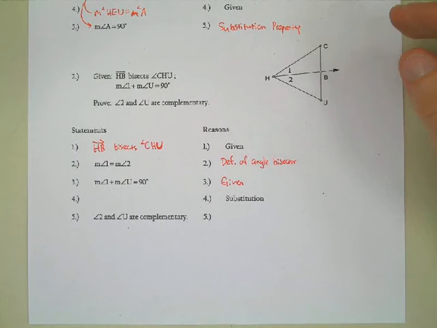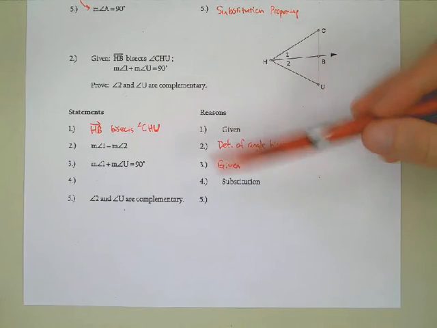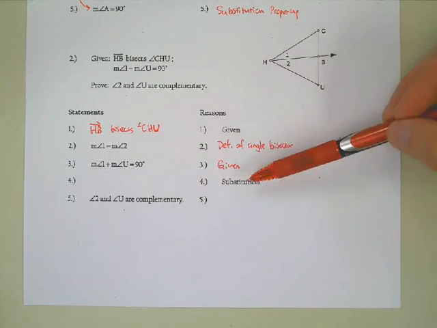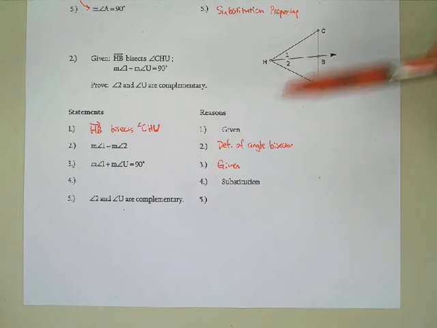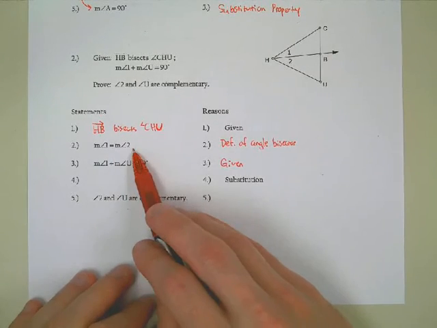Okay, and then we're not given the statement for step 4, but we're given that there's a substitution that goes on here. So, yeah, Michael, what are we going to plug in? M angle 2 for M angle 1. Exactly right. Measure of angle 2 goes in and replaces the measure of angle 1.